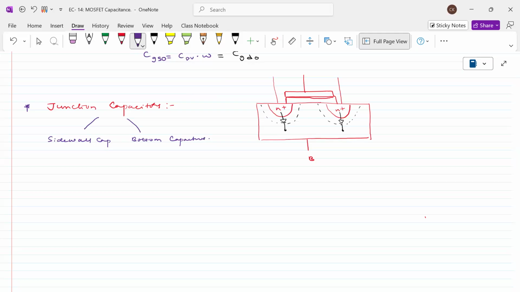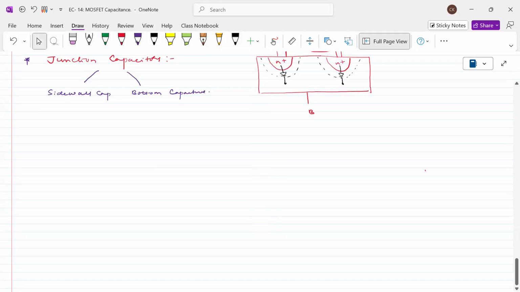Look at the source side, for example. Assume this is the three-dimensional view of your source. Of course, I'm drawing sharp edges, but it's not a sharp edge. What is the bottom in this case? The bottom is this one.